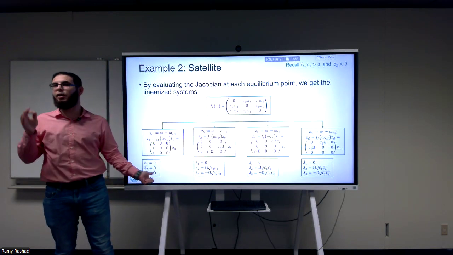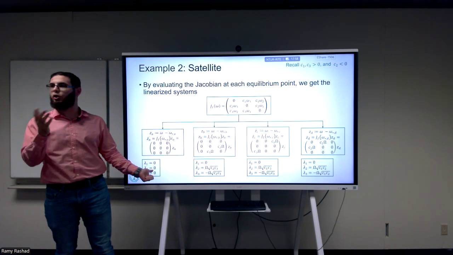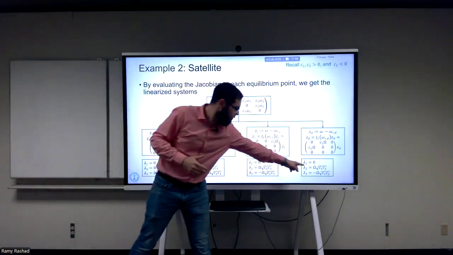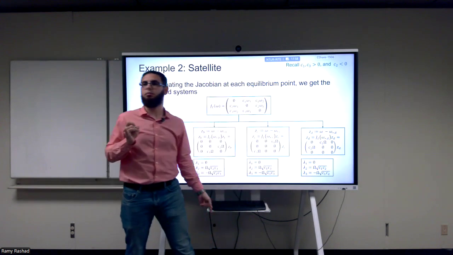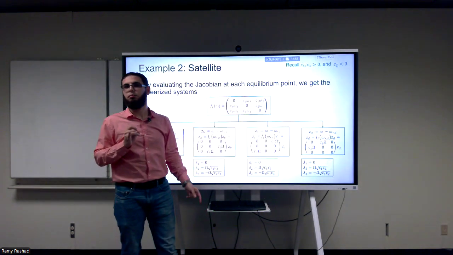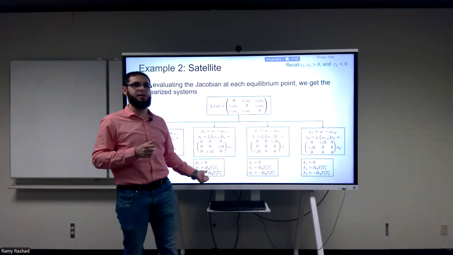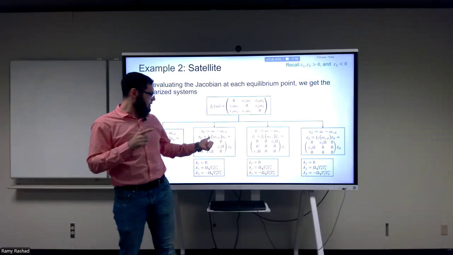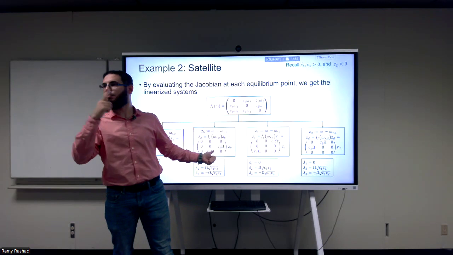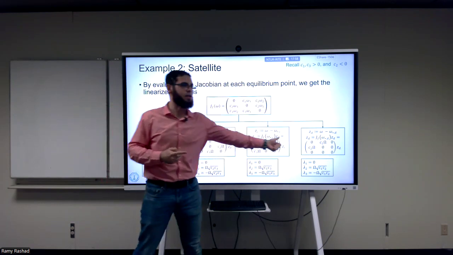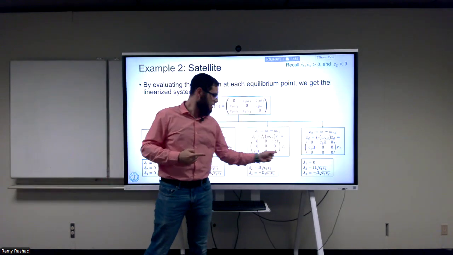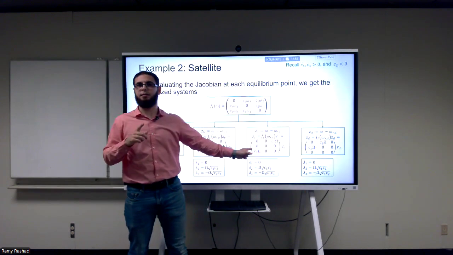What about this one? Same. 3 eigenvalues with 0 real part. We cannot say anything. What about this one? C1 and C3. Remember that this was the rotation around the big axis, this was the rotation around the small axis, and this is rotation about the intermediate axis.